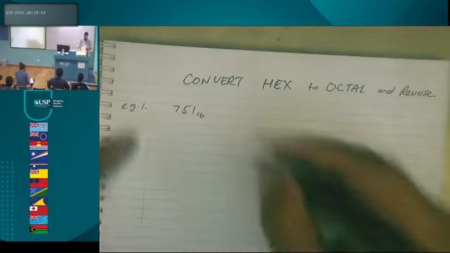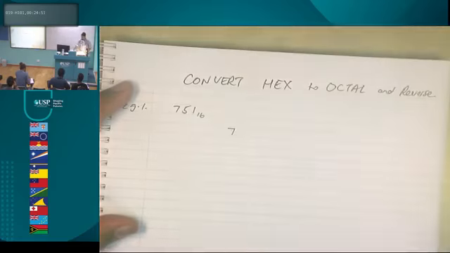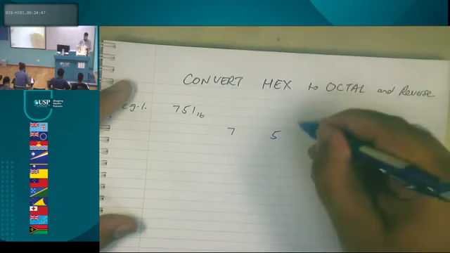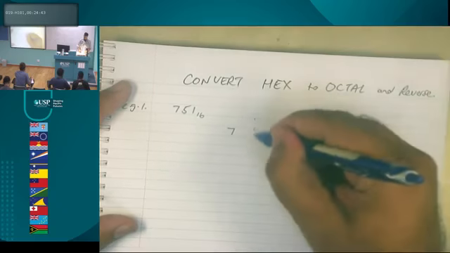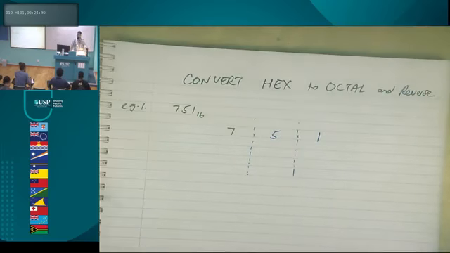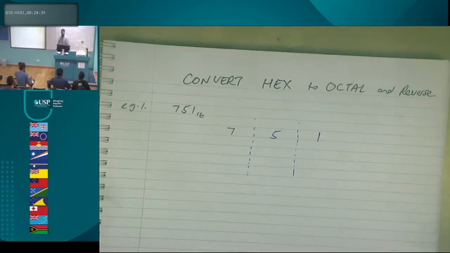So 751, we will rewrite it as so. We draw our partition, and we are going from base 16, so we have to first stop at binary. So in the past, how many stops did we have to do? We had to go from hexadecimal to decimal, that's the first stop, right?